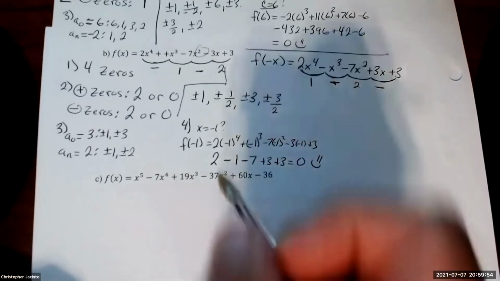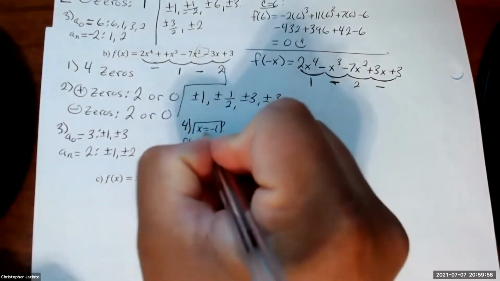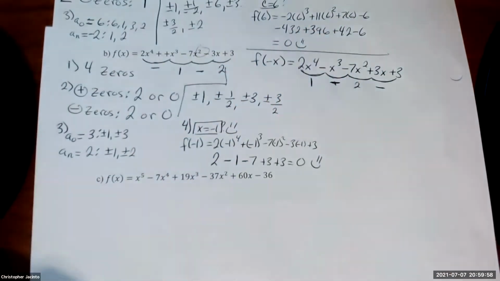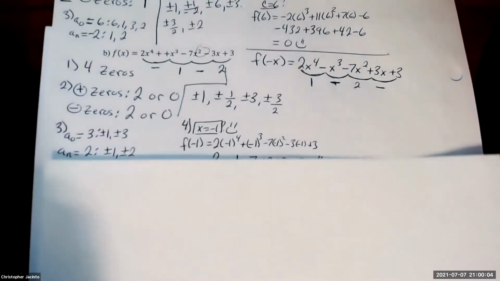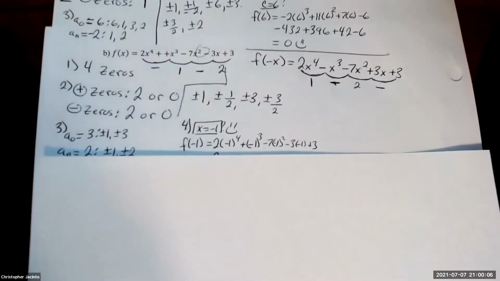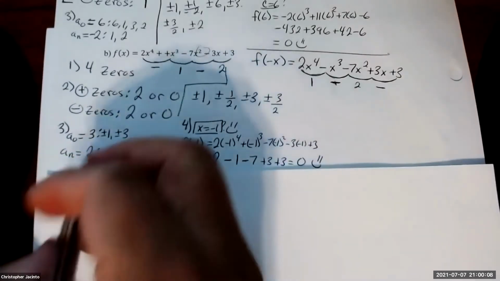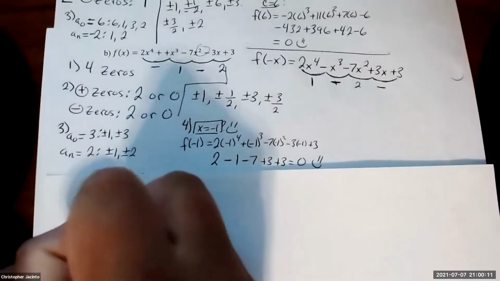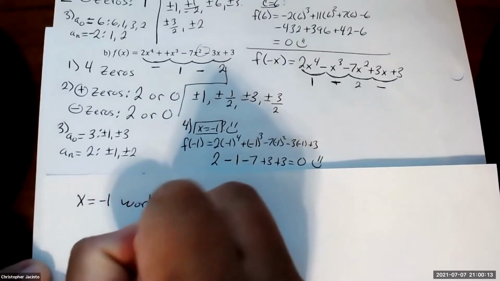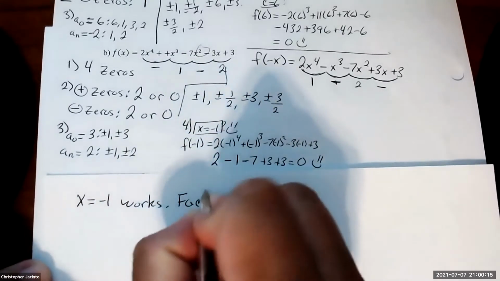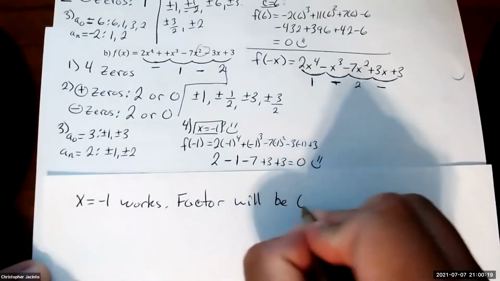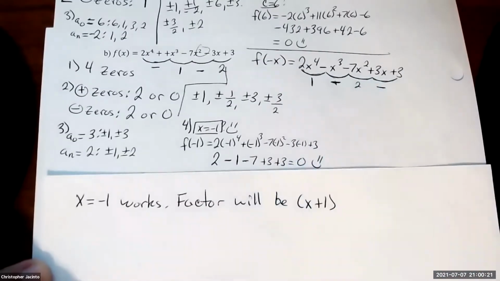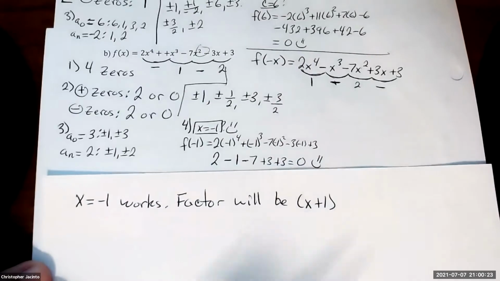All right, so we know -1 does work. Perfect. Now let's do synthetic division to figure out what happens when we factor that down. So first of all, x equaling -1 works, so the factor will be x plus 1, opposite sign.